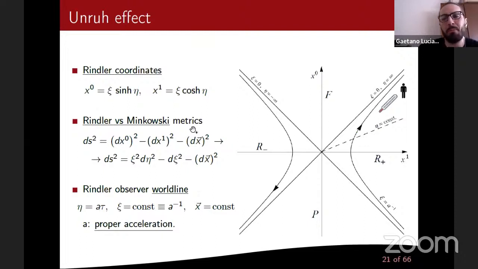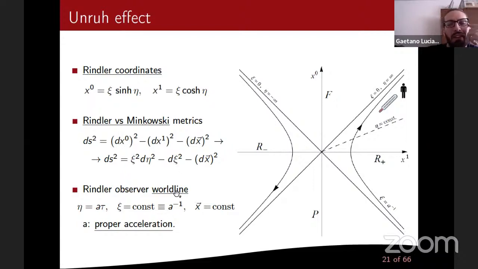Okay, this is just a simple way to derive the Unruh effect. You can introduce these Rindler coordinates. Let's suppose for a while that the acceleration is along the x1 axis. You can introduce these new coordinates, which are related to the Minkowski coordinates by this transformation. You can write the Minkowski metric in terms of these new coordinates.